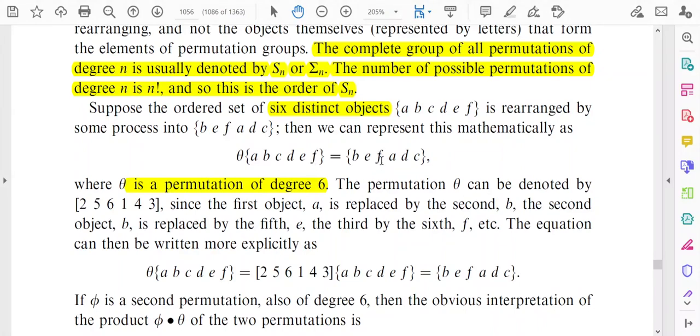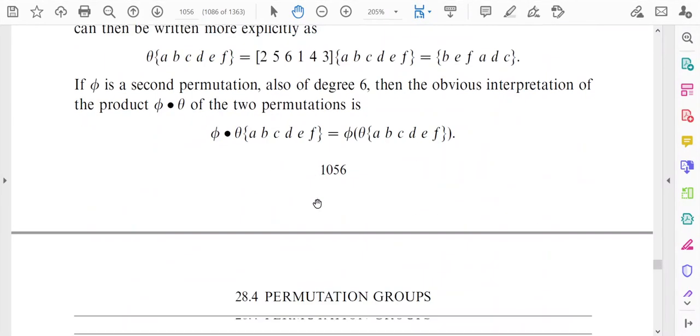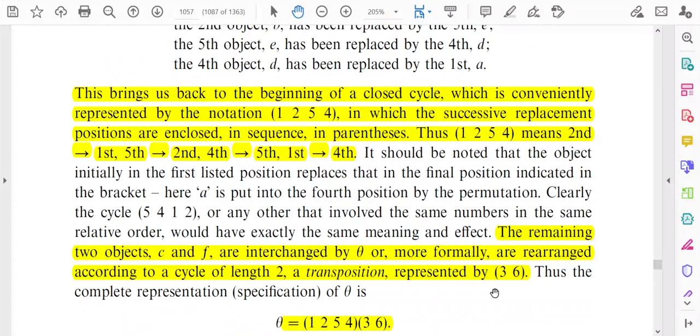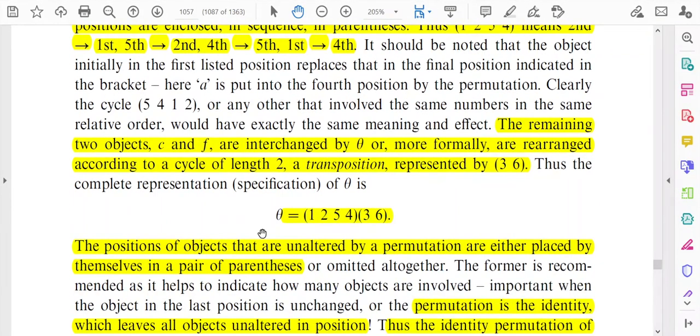F comes to the position of C and C goes to the position of F. So the positions 3 and 6 are interchanged. So that is why, apart from this cyclic notation, there should be another notation for the interchange. That is represented by 3 6. So the complete representation of theta will be 1 2 5 4 along with 3 6.